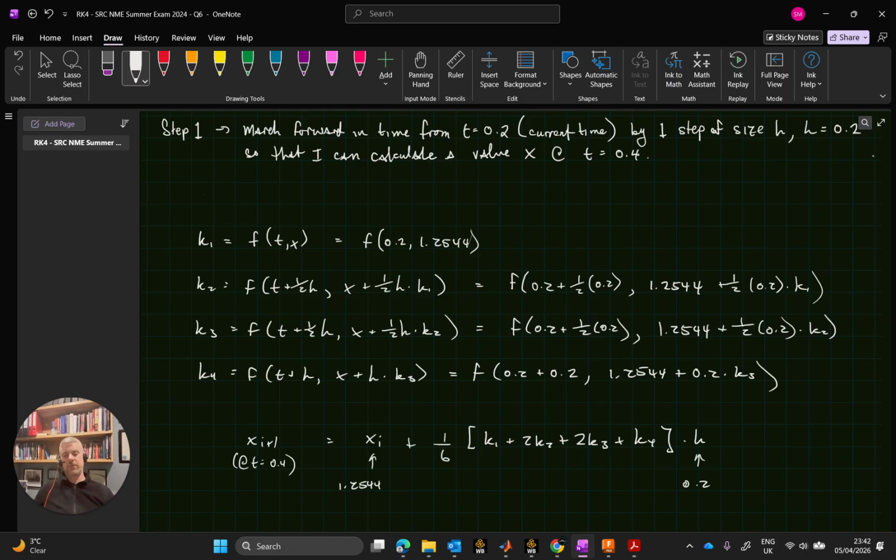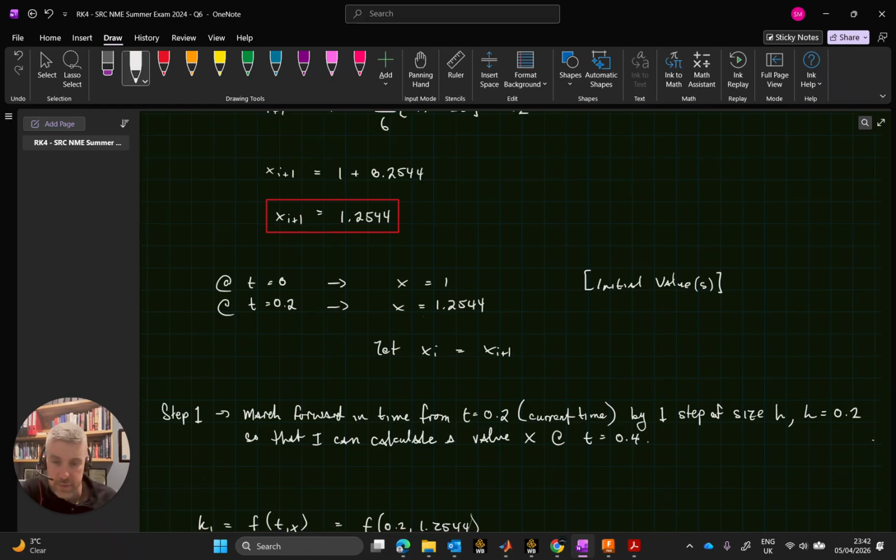And that's your new value there. That'll give me a new x i plus 1 at t equals 0.4, and then I'm back to this again. I go to 0.6. So, as I said, time is marching on.